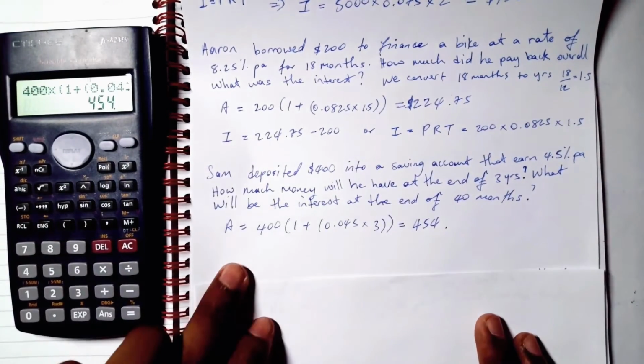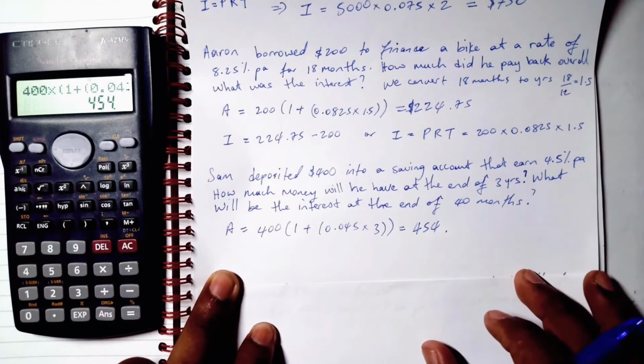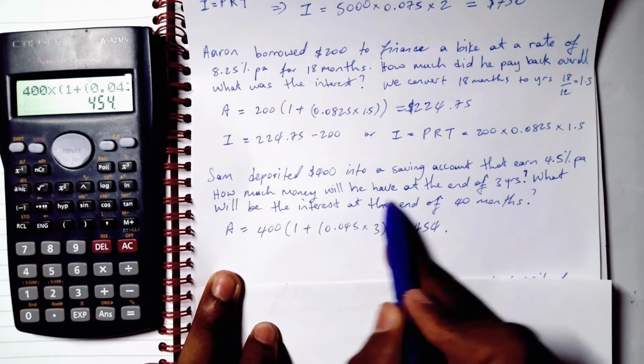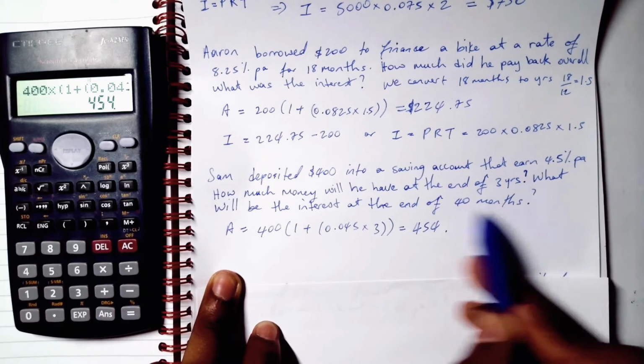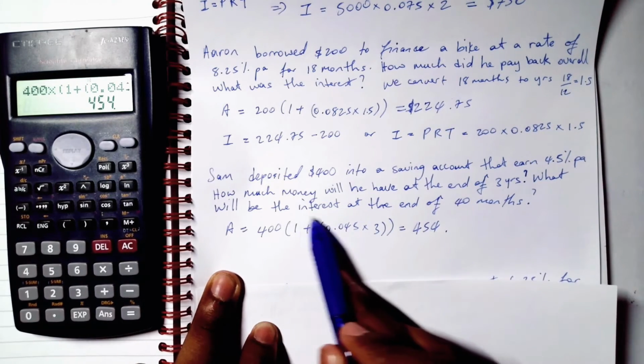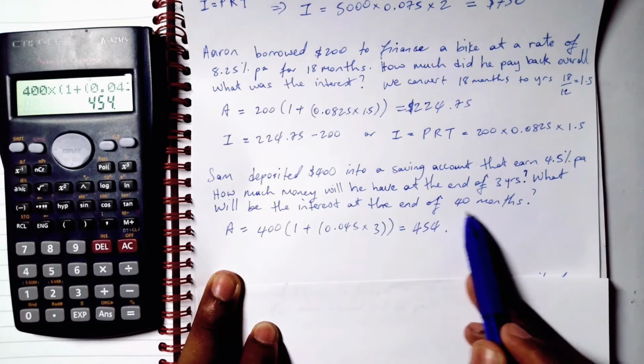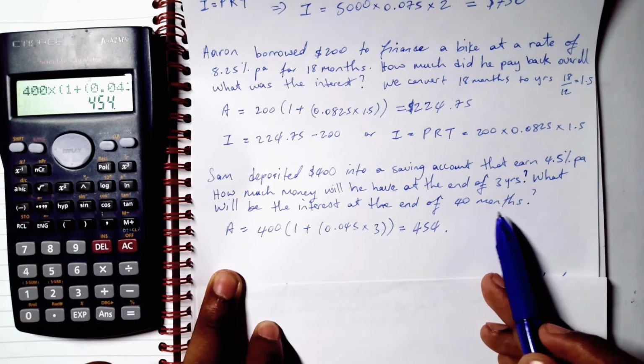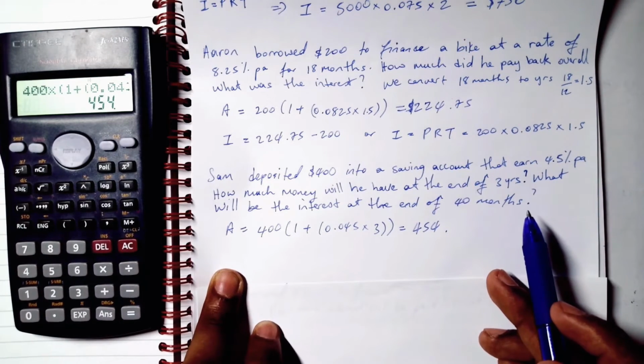That is the accumulated amount. How much money will he have at the end of 3 years? That's the accumulated amount. Next question is, what will be the interest at the end of 40 months? Take a deep breath. We can handle it.